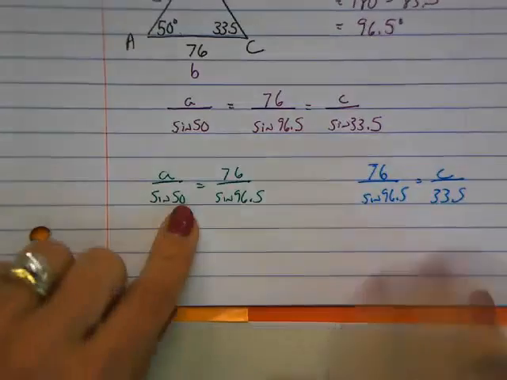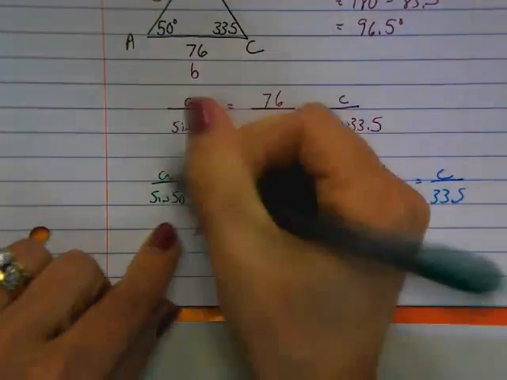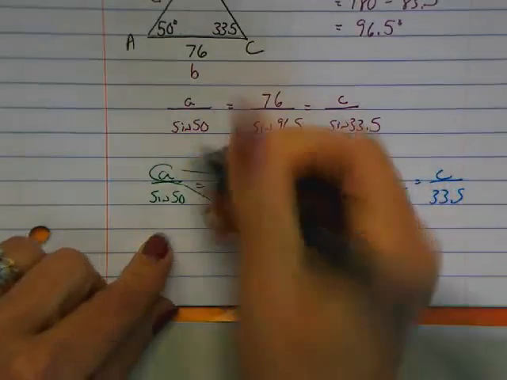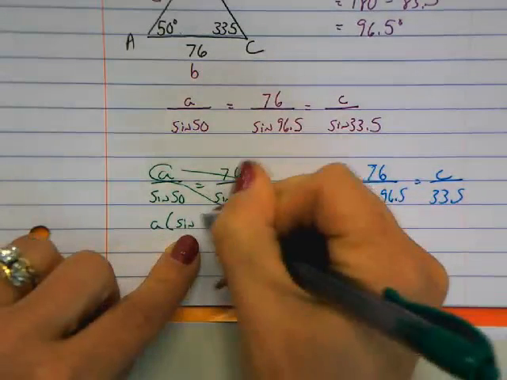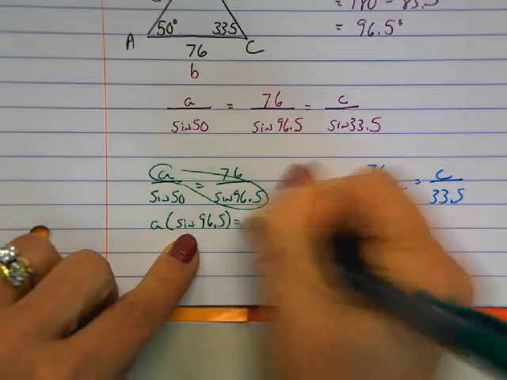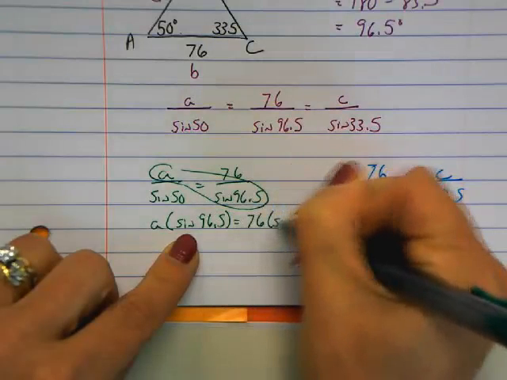So we're going to solve this proportion. I'm going to cross multiply. So I have a times the sine of 96.5 equals 76 times the sine of 50.